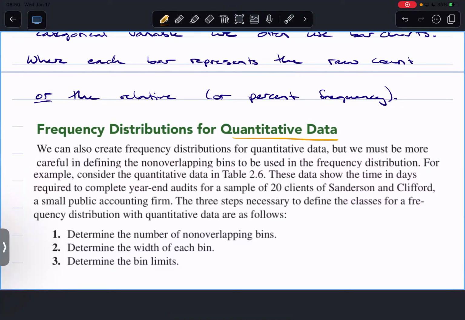If you have quantitative data, now you have numbers and measurements, and so they're all potentially unique, especially if you're measuring on a continuous scale.